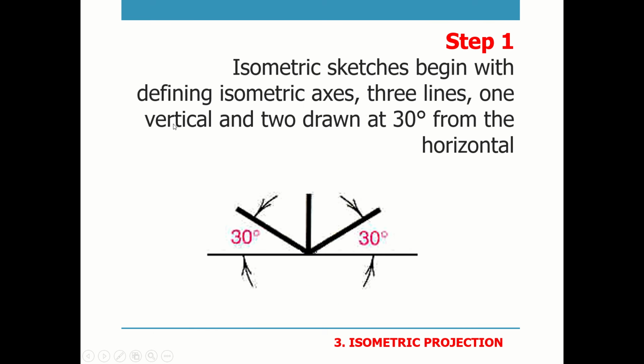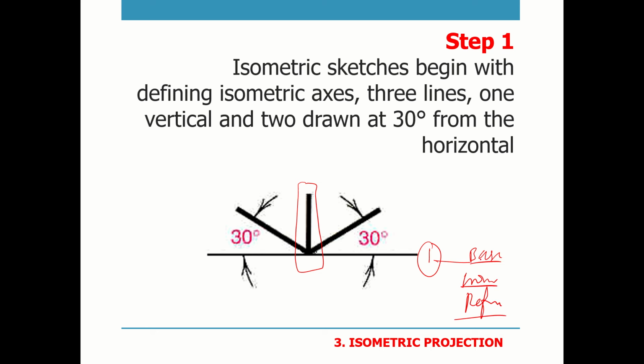Isometric sketches begin with defining the isometric axes: 3 lines, 1 vertical line and two lines drawn at 30 degrees to the horizontal. So this is that vertical line. First step, you draw this straight line. You can call it the baseline, ground line, or reference line.